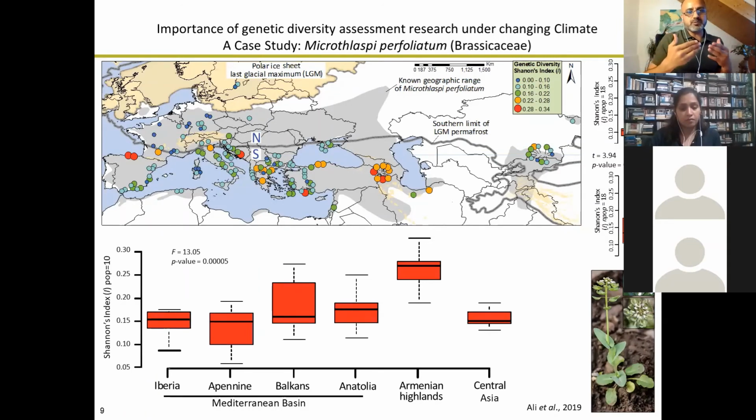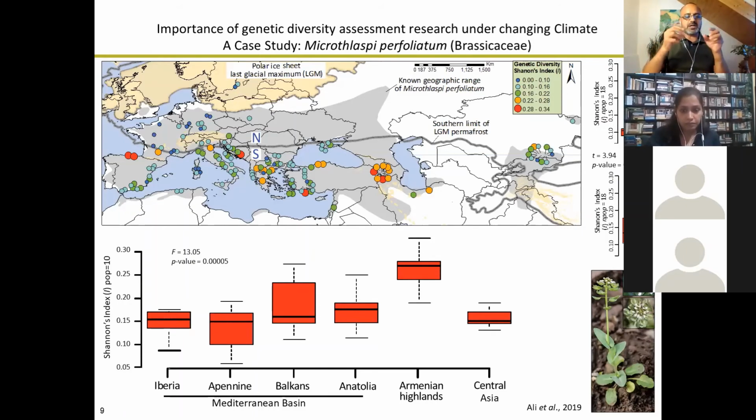I just wanted to point out that you can also see from this bar graph Iberia, which is basically Spain, Apennine, basically Italy, Balkans, Anatolia, Armenia, Central Asia. We see that there are different levels of diversity in different regions, but overall diversity is higher in the south. So that has to be looked into for each region.